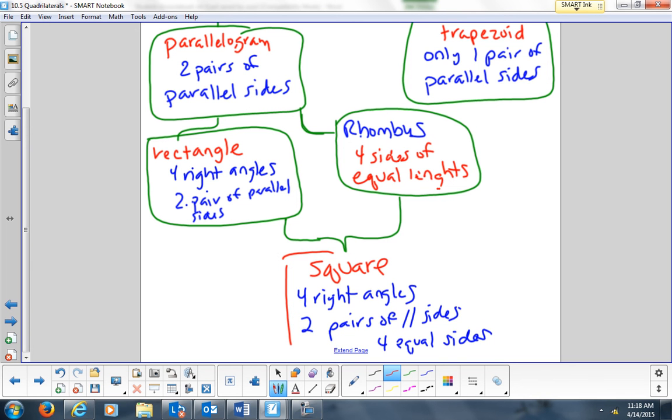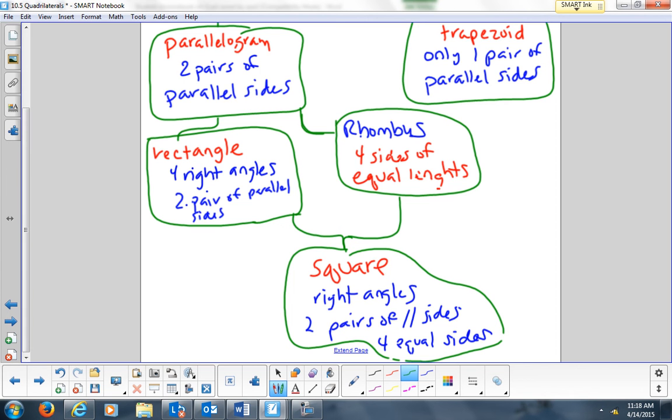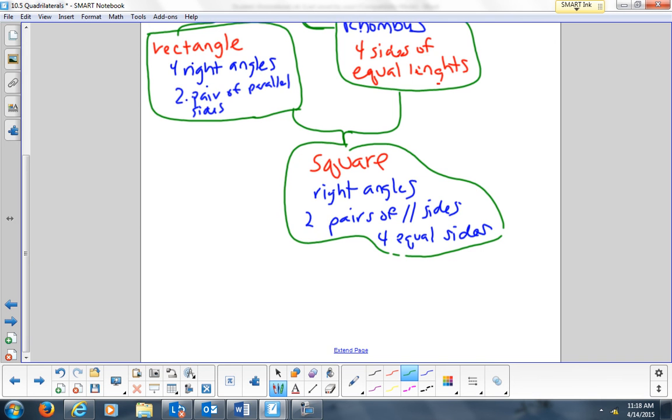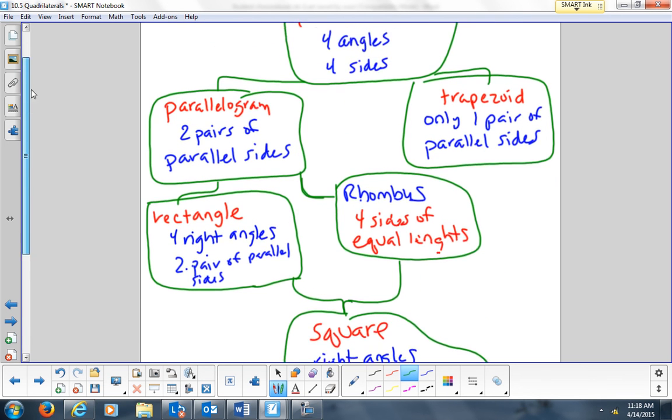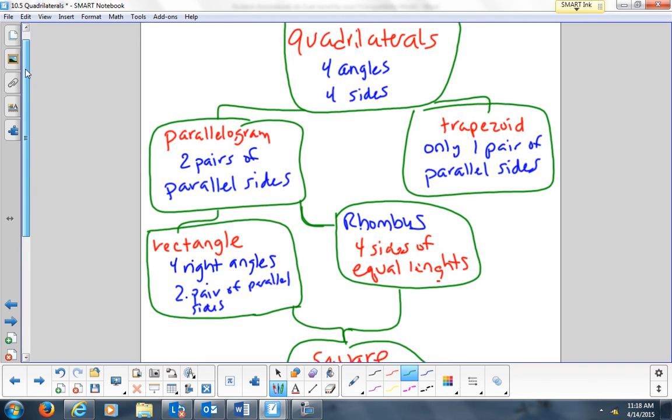So, if you're asked to determine what a square is, it's a rhombus, a rectangle, a parallelogram, and a quadrilateral. It belongs to all of those. Okay, so make sure you know this flowchart, because you'll need it.